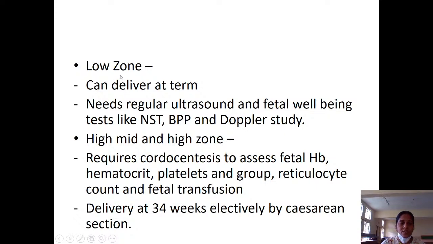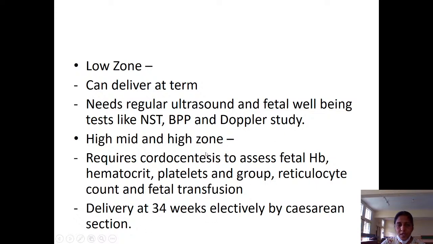If it is in the low zone, we can deliver at term, but it needs regular ultrasound like NST, biophysical profile, and Dopplers. If it is in the high, mid, or low zone, as I told, we do fetal blood sampling. And from this we check the blood group, hemoglobin, platelets, reticulocytes, and give fetal transfusion.